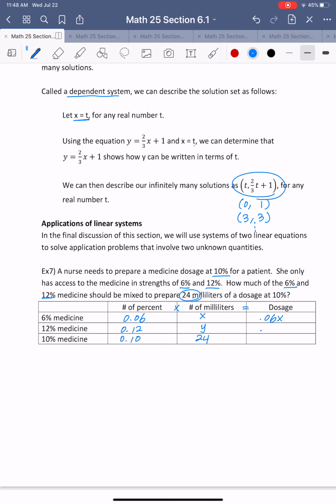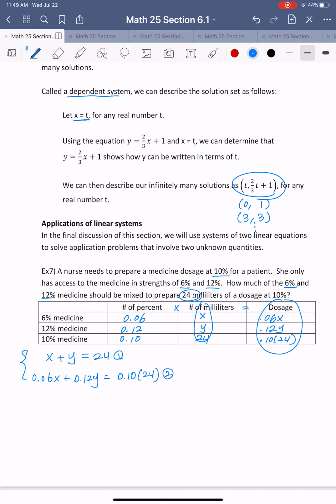And then 0.12y, and then 0.10 times 24. So we're getting a two-equation system from this column to this column. So x plus y equal to 24 is the first equation, and 0.06x plus 0.12y equal to 0.10 times 24 is the second equation.